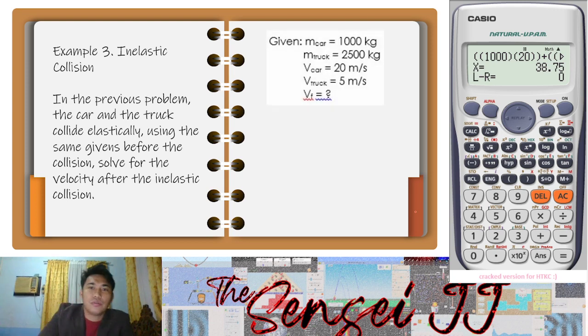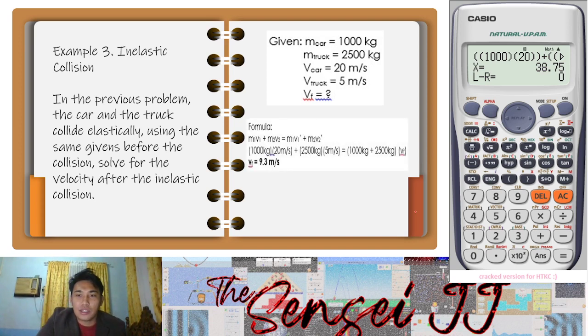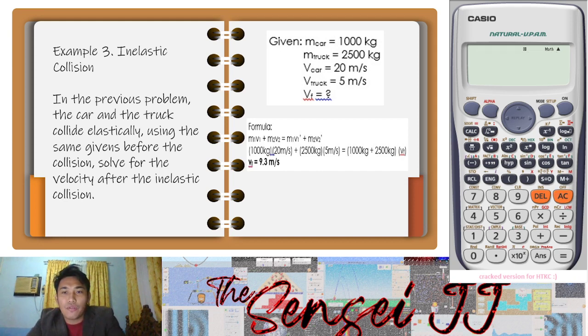Okay, so we have here the mass of the trucks. Still, we have the same values, and now since it is inelastic, they will be both sticking together, and they will be having the combined mass of 1,000 plus 2,500.